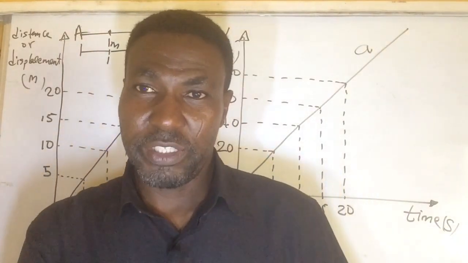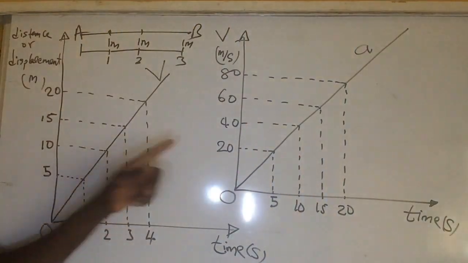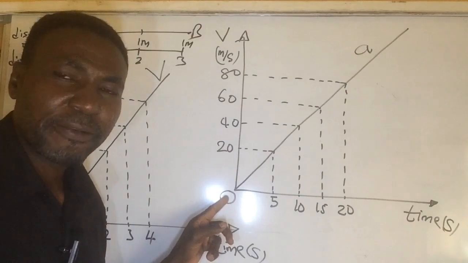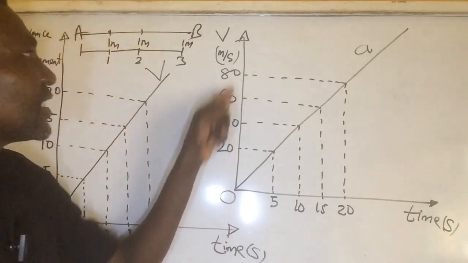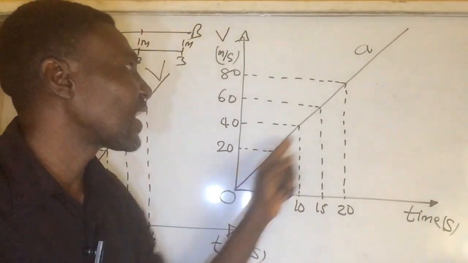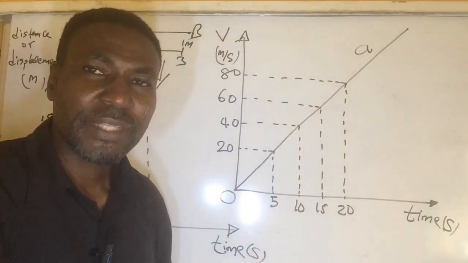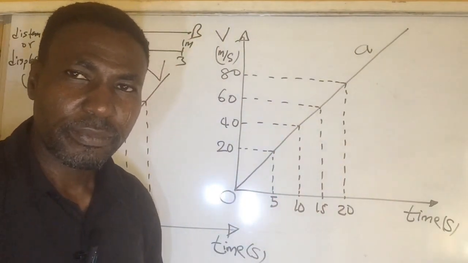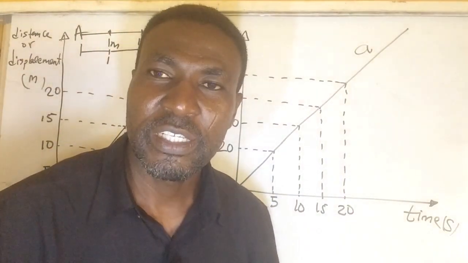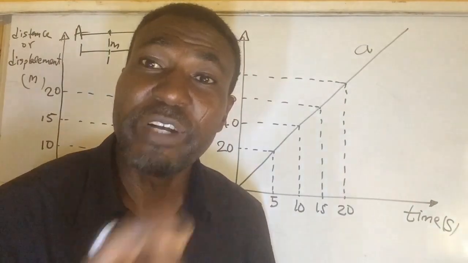The graph is on the board. This is your 0 starting point of your car. This line is the velocity line, and this one is the time line. Then this line is for our acceleration. Whenever you hear acceleration, acceleration involves velocity and time.